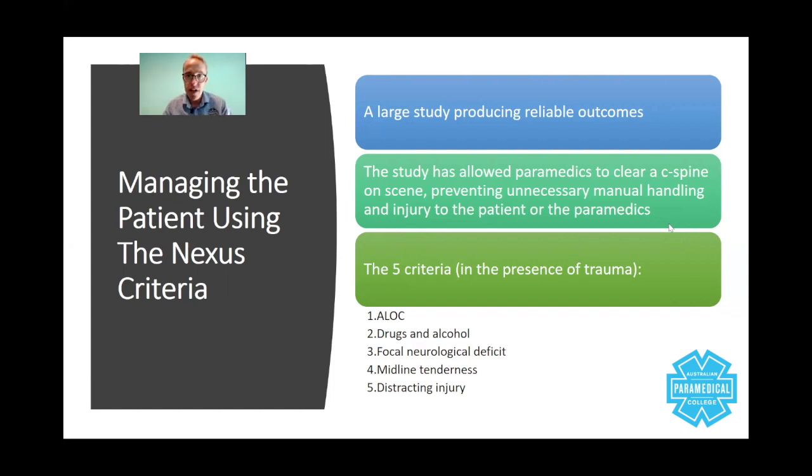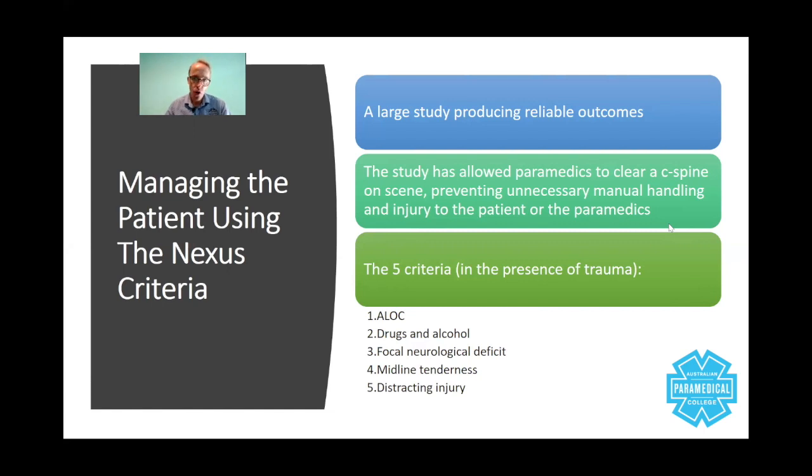Number 3, focal neurological deficits, so if you ask them to squeeze your hand and they can't do it, or if you ask them to move their leg, they can't move their leg. Focal just means in one spot. Number 4 is midline tenderness. Now, midline is anywhere down the center of the spine. Within the study, it does really relate to midline tenderness just of the C-spine.